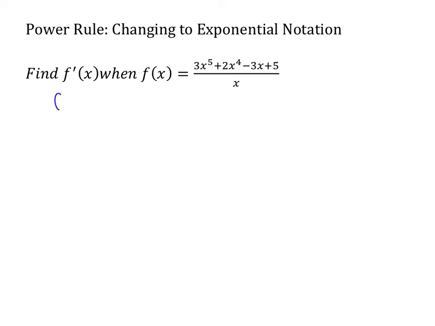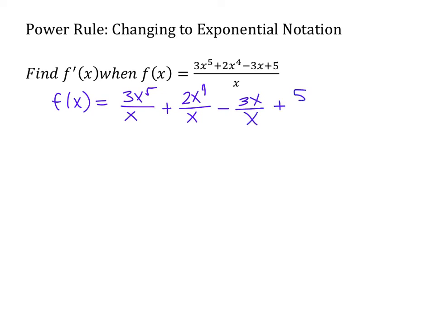Okay, so we have f of x is equal to 3x to the 5th over x plus 2x raised to 4 over x minus 3x over x plus 5 over x. From here, I'll simplify. x to the 5th over x is x to the 4th plus 2x cubed minus 3 plus 5 over x.